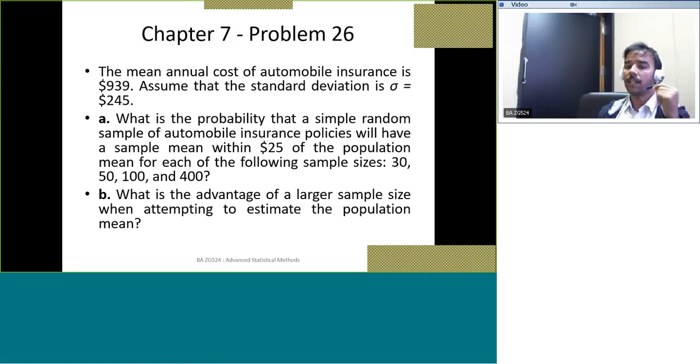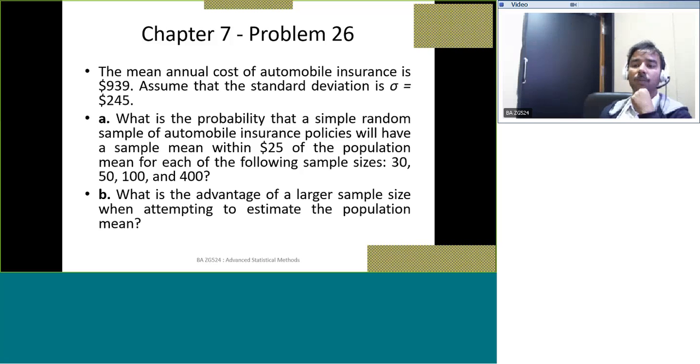So that's why you wrote X bar follows normal distribution with mean mu and variance sigma square by n. Whenever X bar follows normal distribution, you will write the standard normal variable Z as X bar minus the mean of X bar, that is mu, by the standard deviation of X bar, that is sigma by root n.